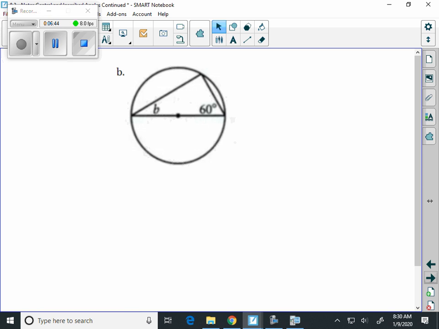Same kind of idea here. And the one thing that we know, as we take a quick look at this one, is that here is the diameter. Again, it's a chord that has endpoints on the circle and goes through the center of the circle, and we know 60 degrees.